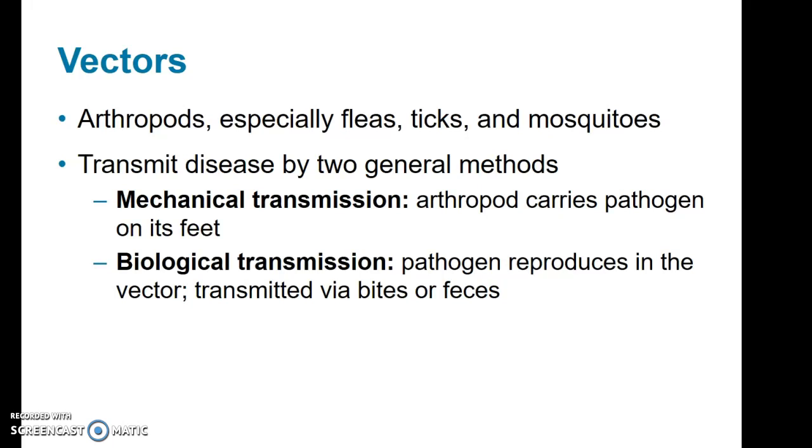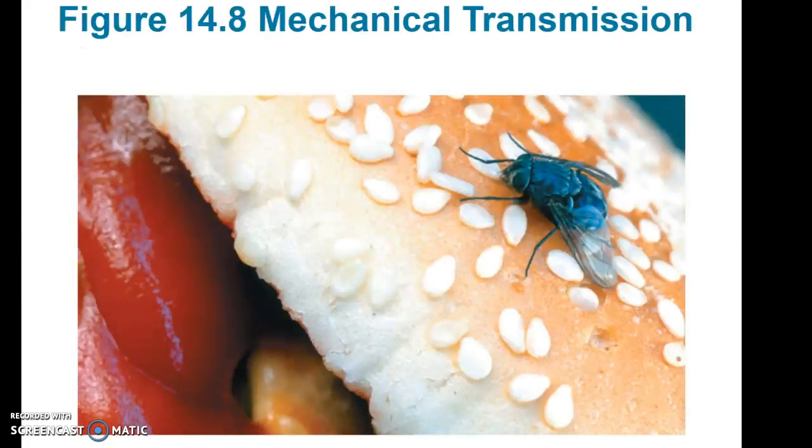And in biological transmission, the pathogen has part of its life cycle in the vector organism, or in the arthropod. That microorganism is usually transmitted to the host through a bite or through the feces. This is an example of mechanical transmission.